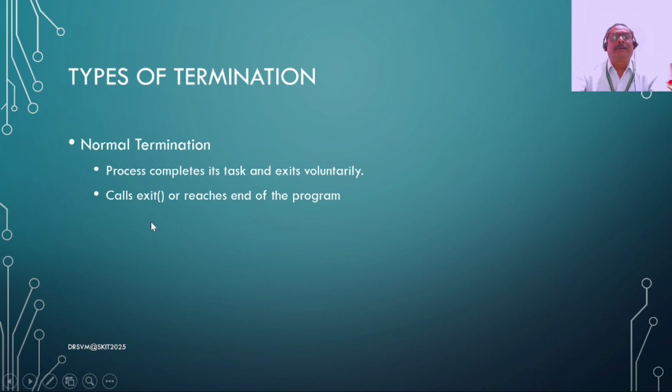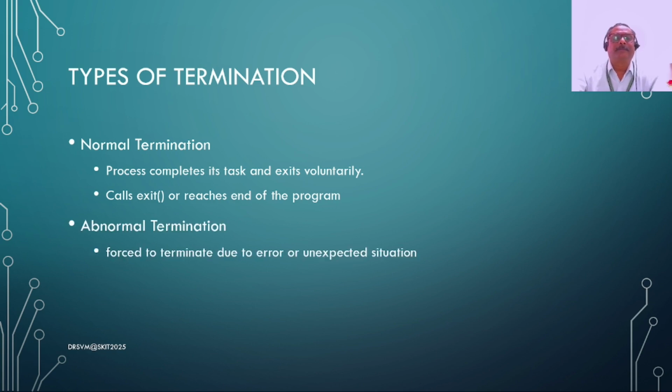So it calls exit or reaches the end of the program. Like in C, we just say return 0, which says we know that it has come to the end of that program. So it just returns 0 to whoever called it and gets terminated.